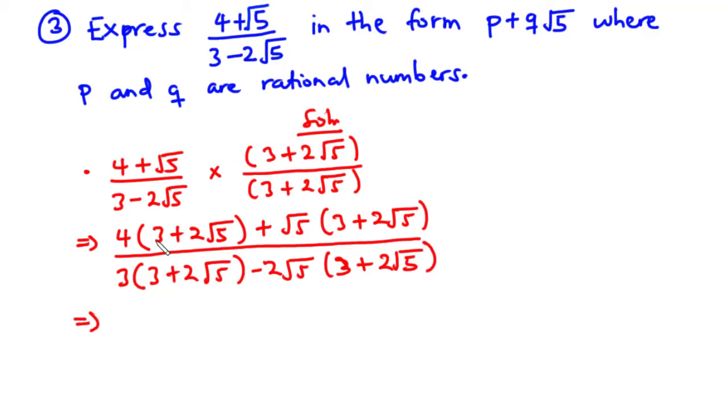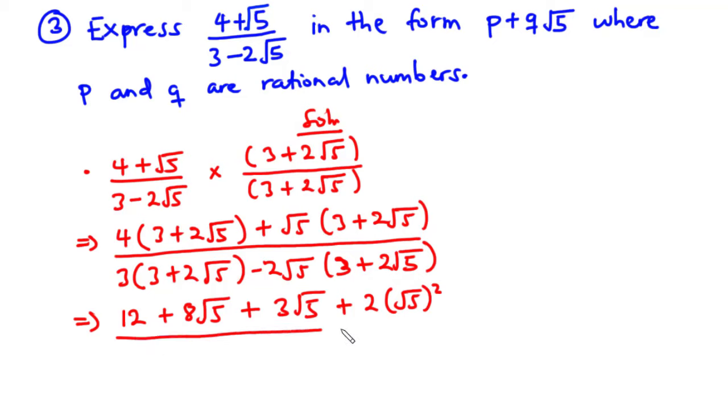So we have 4 times 3, which is 12. And then 4 times 2 root 5 is 8 root 5. Root 5 times 3 is 3 root 5. And then root 5 times 2 root 5 is 2 into brackets root 5 squared. Now the coefficient of root 5 is 1, so 1 times 2 is 2, and then root 5 times root 5 is root 5 squared.